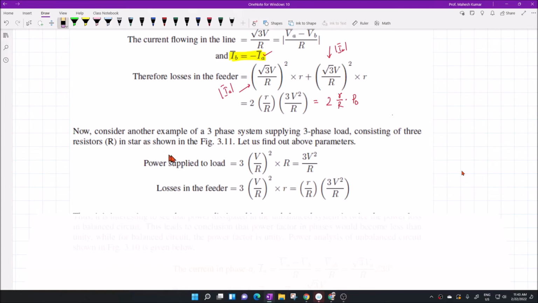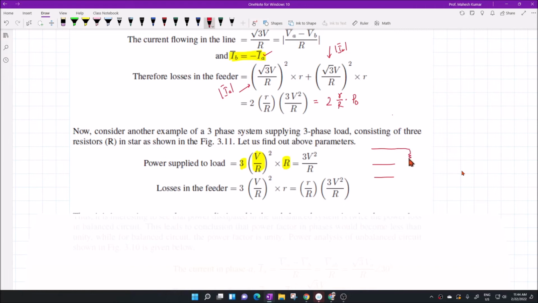Now we can think of a 3-phase system supplying a 3-phase balanced load. Imagine that there is an equivalent balanced 3-phase circuit which is supplying the same amount of power. How is this possible? We can take a 3-phase system supplying power to identical resistive loads in all 3 phases. In that case, the power will be 3 into I square into R. This is phase A, this is phase B, this is phase C, and this is neutral.